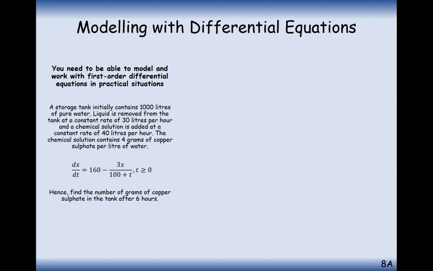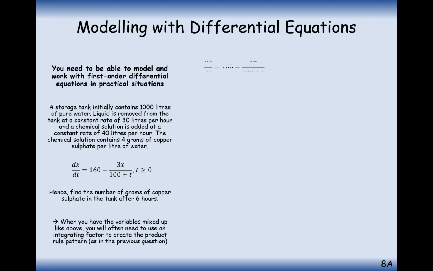So the question here is, find the number of grams of copper sulfate in the tank after 6 hours. The differential looks like this: dx by dt equals 160 minus 3x over 100 plus t. Now we could move all the t's onto one side and the x's onto another and then solve the derivative that way, but it doesn't look like you'll be able to do that.